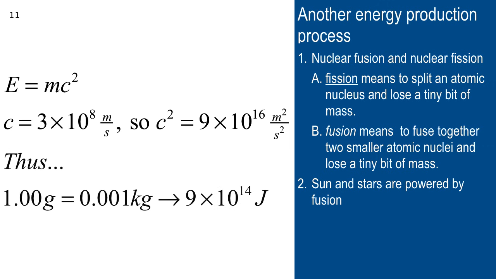So let's take a single gram, 1.00 gram. That's 0.001 kilograms. So 0.001 kilograms times c squared. Hey, you guys, that's 9 times 10 to the 14 joules of energy. That is a lot of joules.